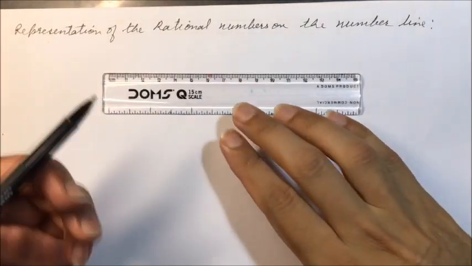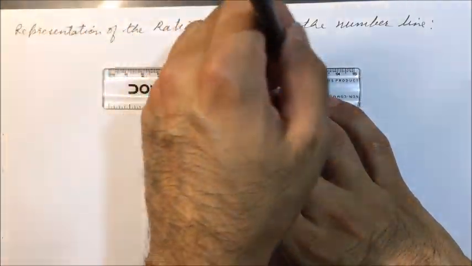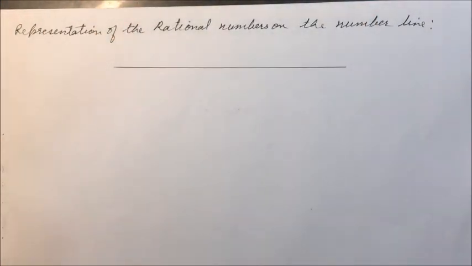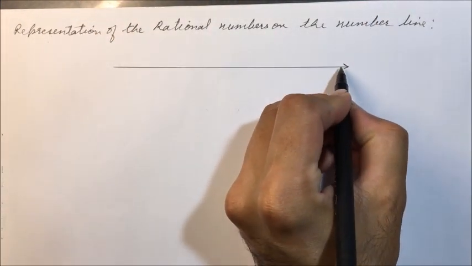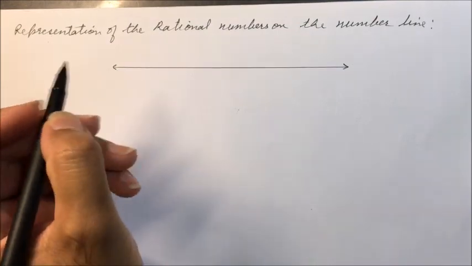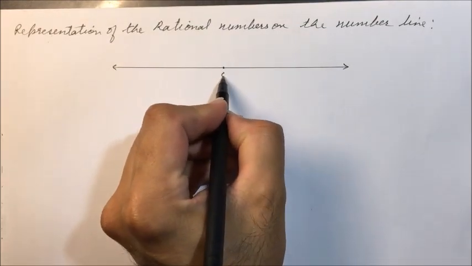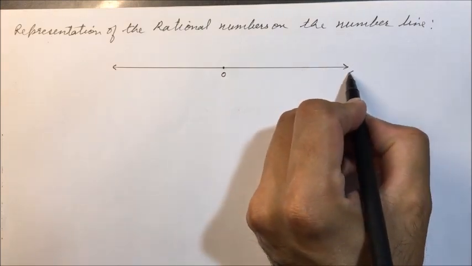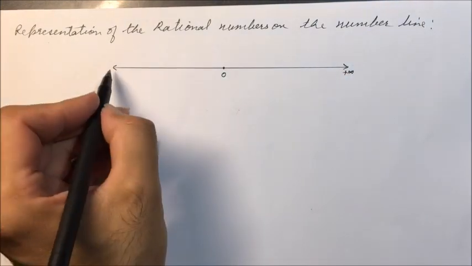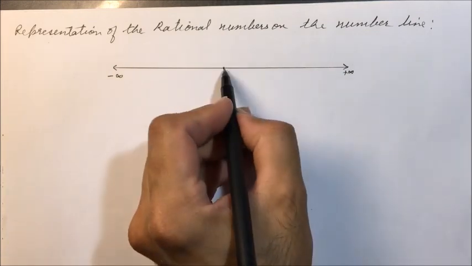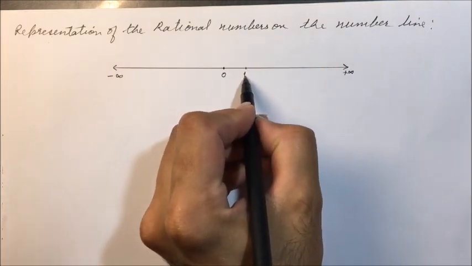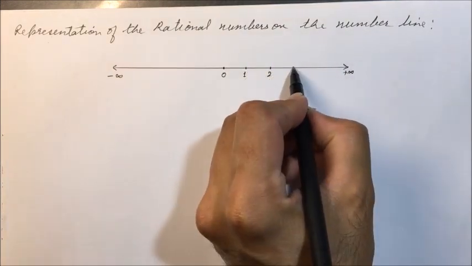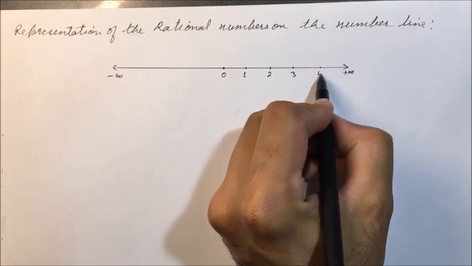That is, we'll be drawing a number line. So a straight line goes on to infinity. If we mark 0 somewhere in between, numbers will go up to plus infinity on one side and minus infinity on the other. On the right we mark 1, 2, 3, 4.